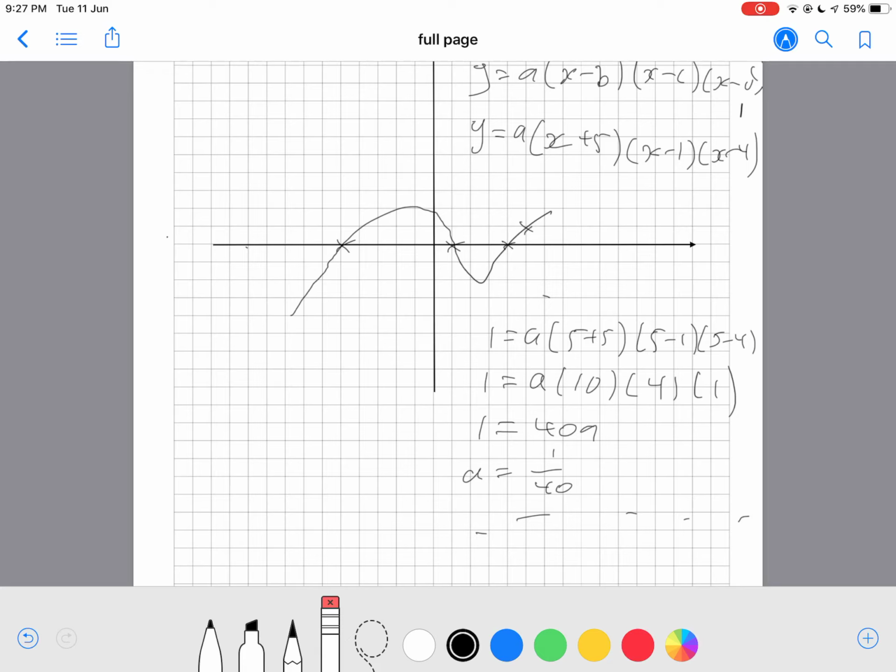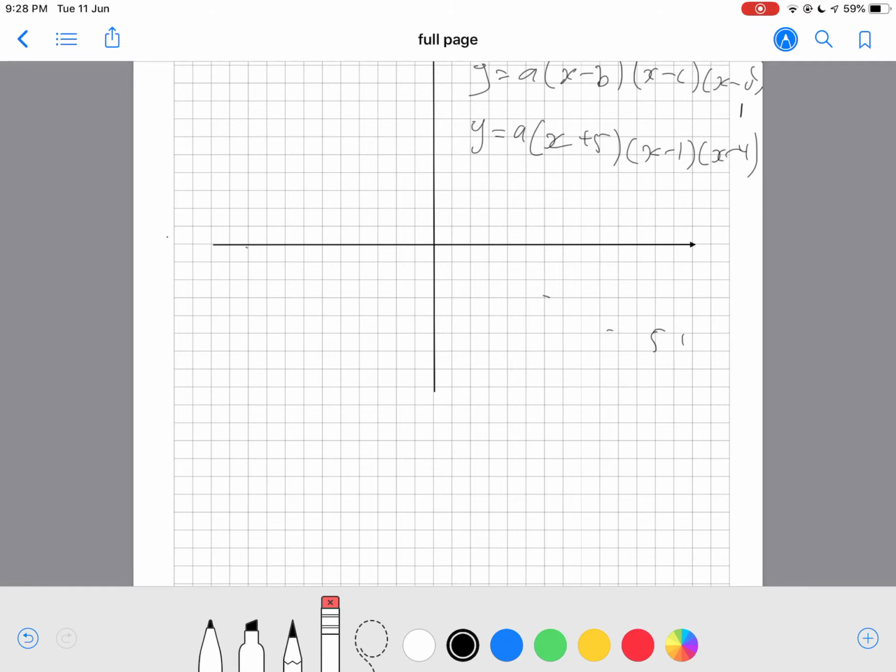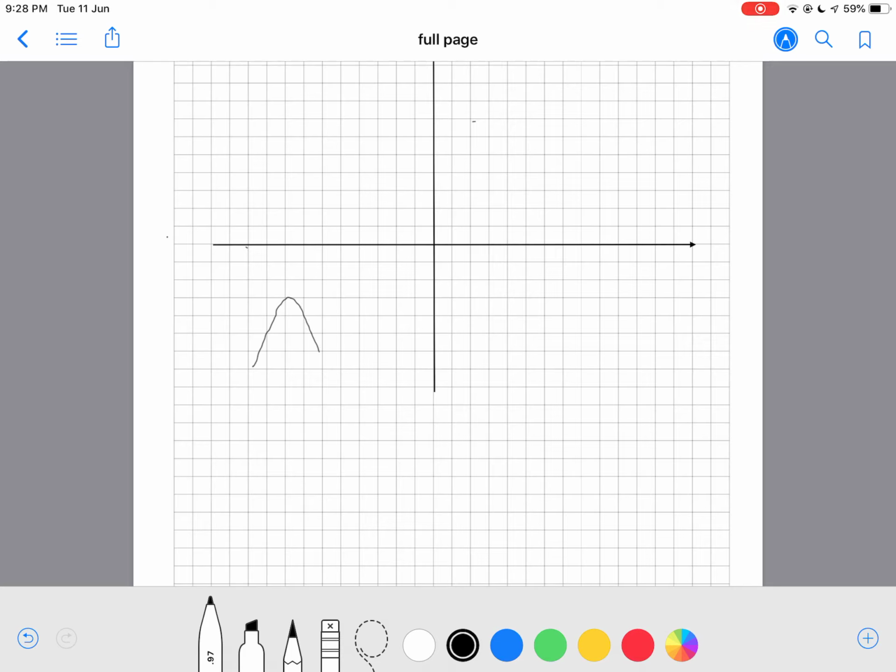Another possible way they give you equations for your cubic is if they don't give you the ones cutting the x-axis. For example, they'll give a nasty cubic, and it's probably going to look something like this.